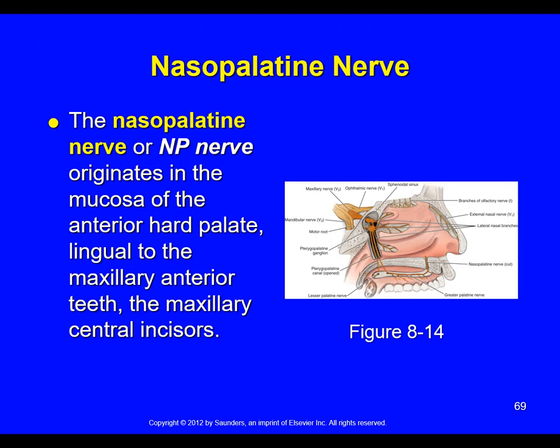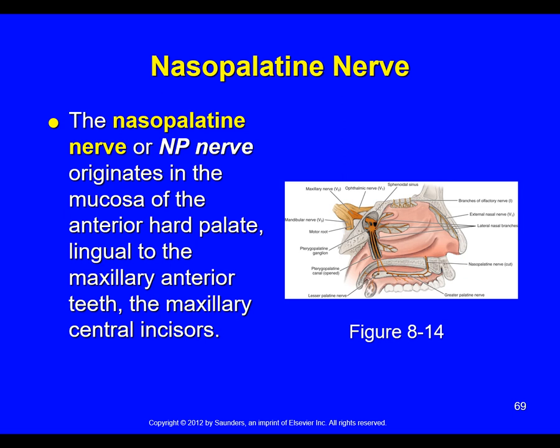Then we've got the nasopalatine. The nasopalatine nerve originates in the mucosa of the anterior hard palate, lingual to the maxillary anterior teeth, the maxillary central incisors. So this nasopalatine nerve comes through the incisive foramen, our pizza burn spot, right behind lingual to number 8 and 9.